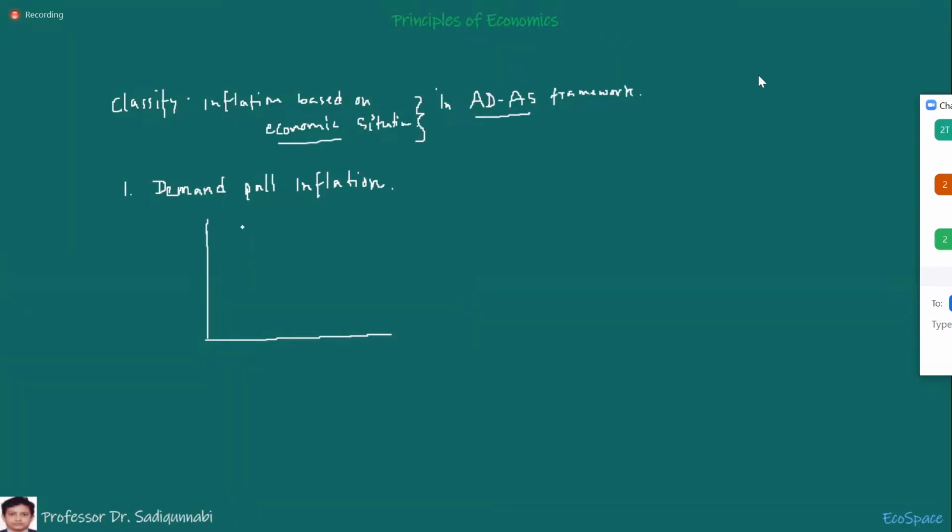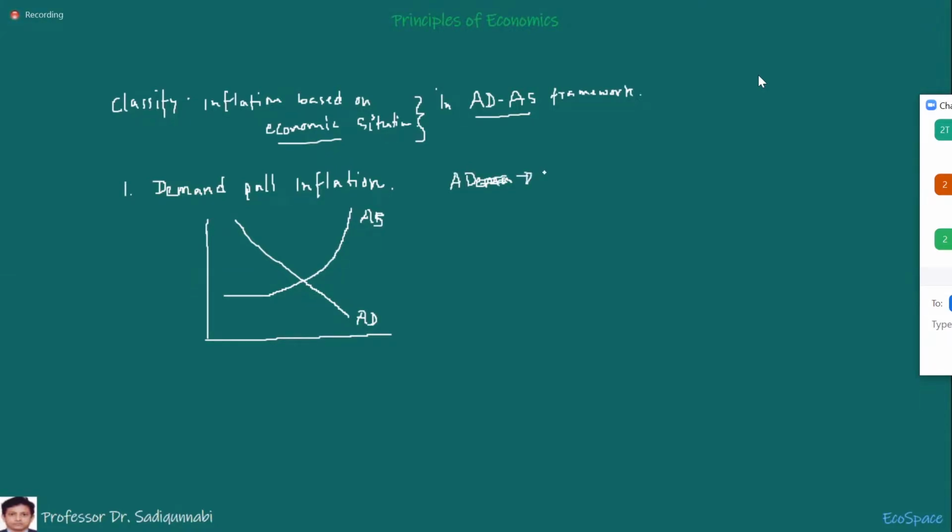So our aggregate demand is downward sloping. We said in the last class, right? Aggregate demand. And our aggregate supply is this shape. Aggregate supply. Now, can you tell me the determinants of demand in macroeconomics? Aggregate demand, AD.